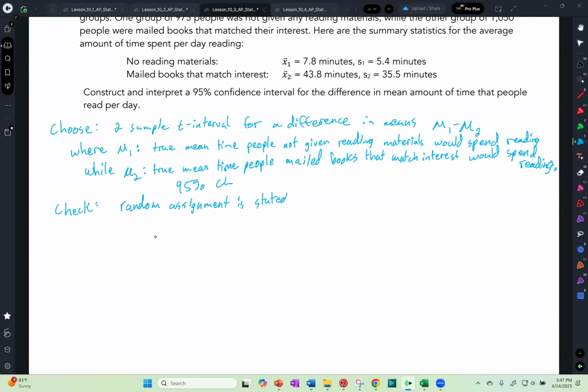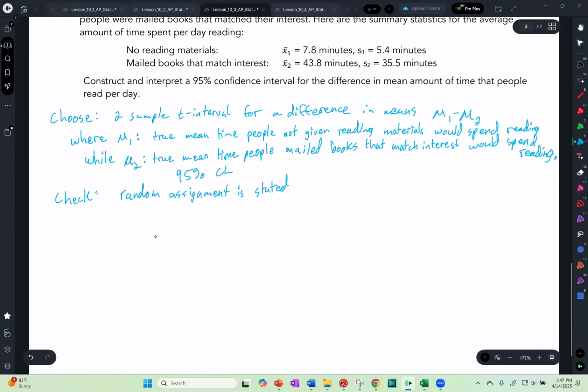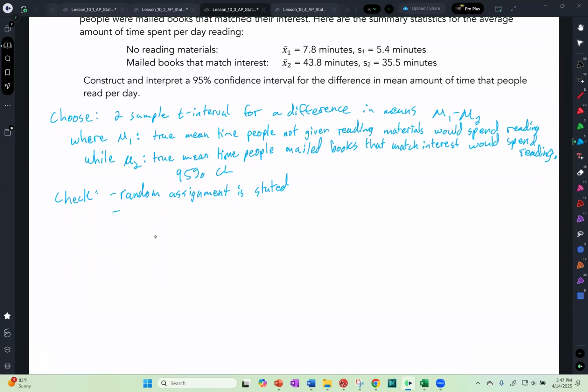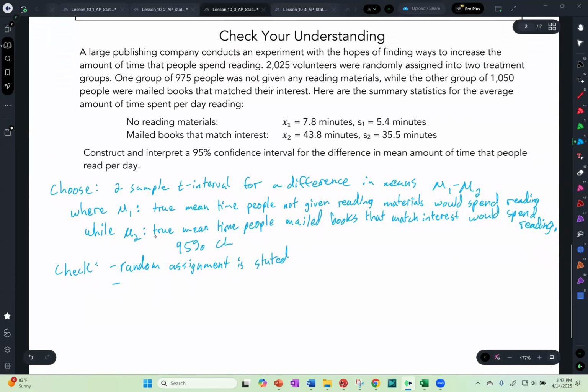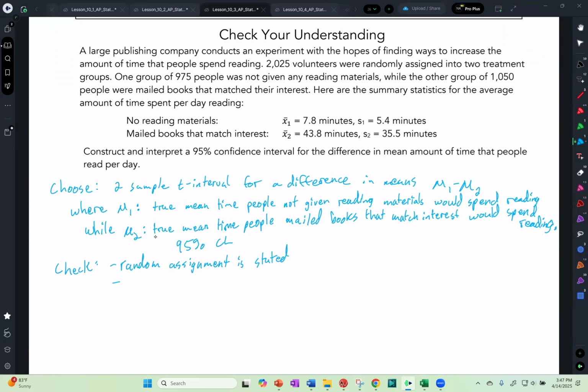Make sure you scour the problem and figure out if it's random sample or random assignment. This is actually an experiment with that random assignment in there, right? That is also why I don't have to check the 10% condition. You only check 10% when you're sampling without replacement. So I'm randomly assigning, don't need 10%.